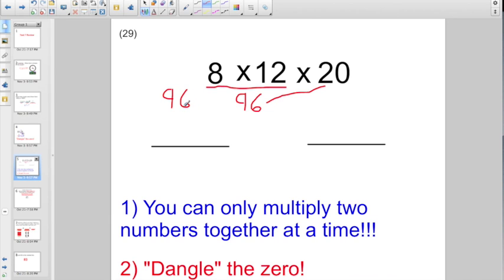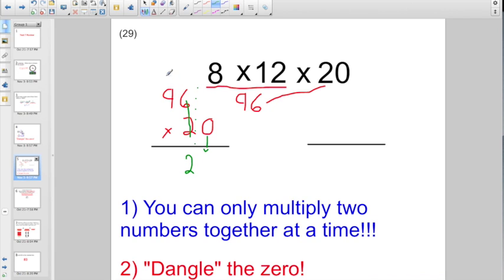So let's go 96 times 20, dangling a 0. No dollar sign or decimal point this time though, so that makes it a little bit easier. Don't even worry about that 0 until the very end. He's just going to go straight down into the bottom. Let's start off 2 times 6. Hey, that's 12. Write down my 2.